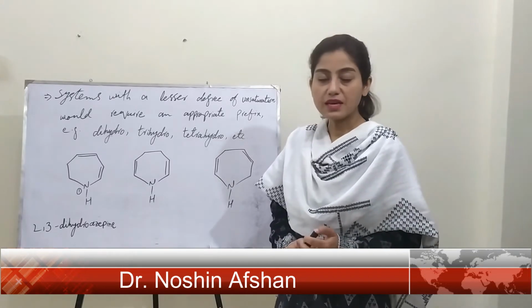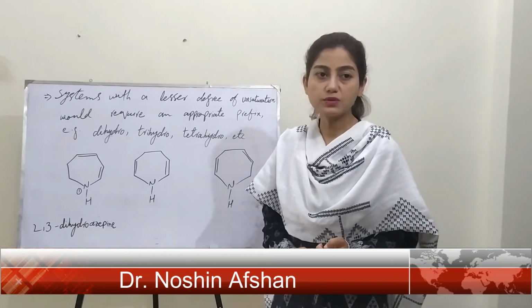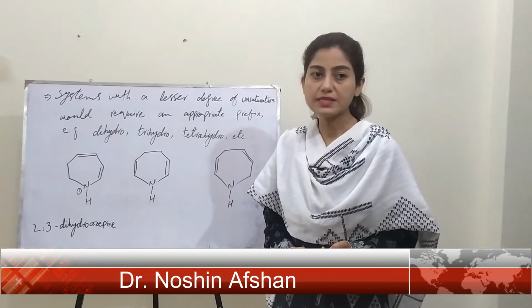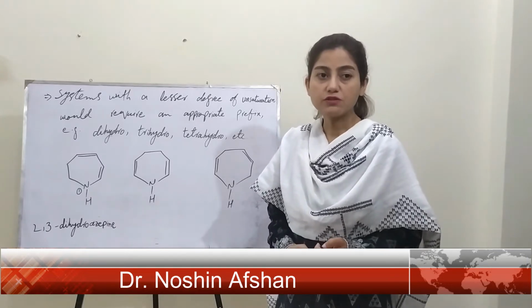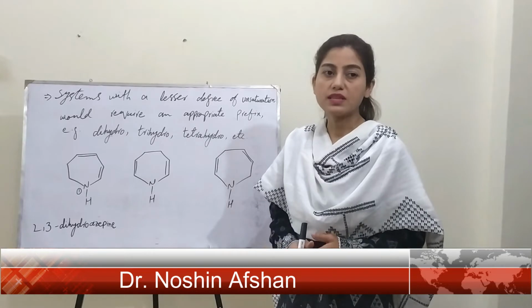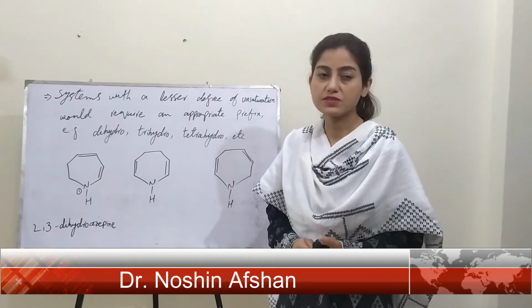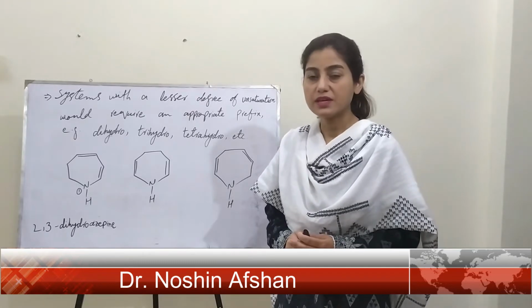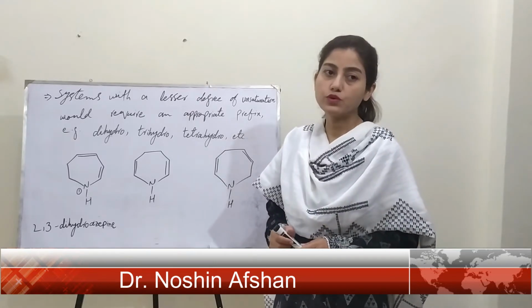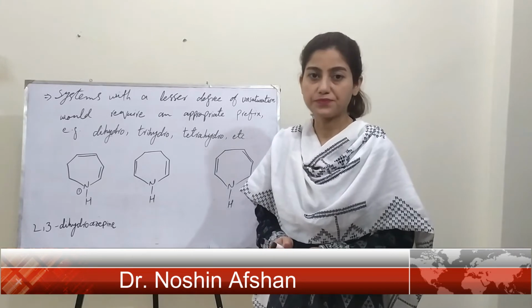But the name of the parent compound, whether it is a 5-membered or 6-membered system, would be based on lecture number 1. Whatever we have studied in that lecture, the parent name would be taken from the previous lecture.